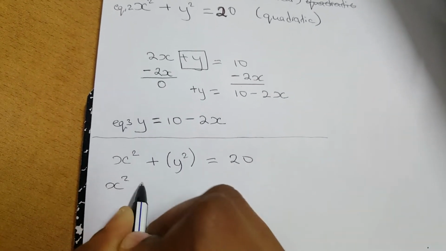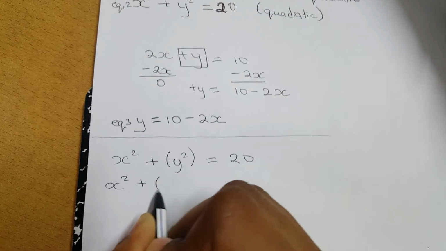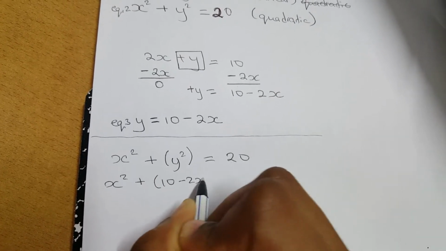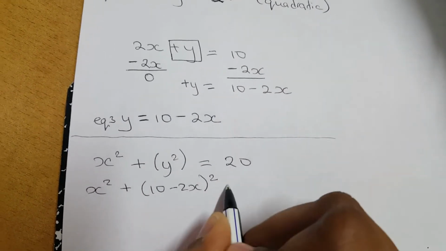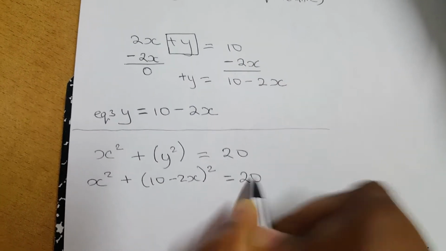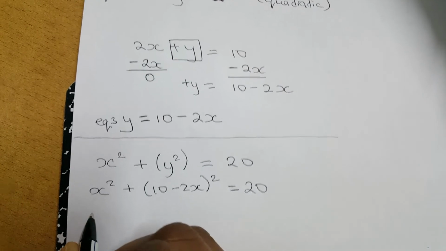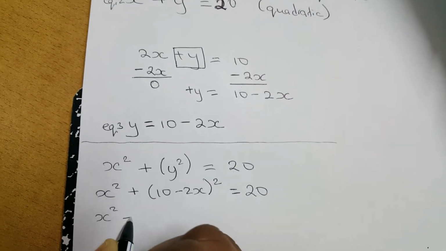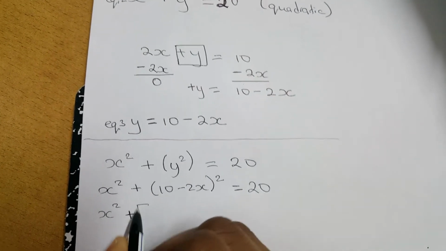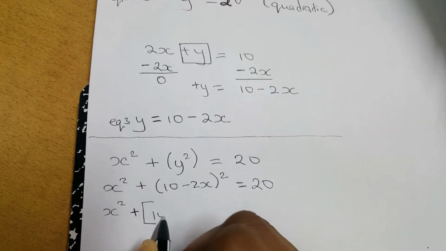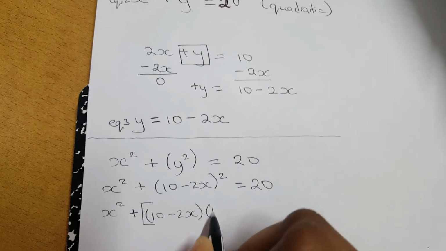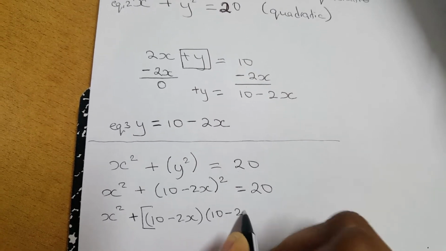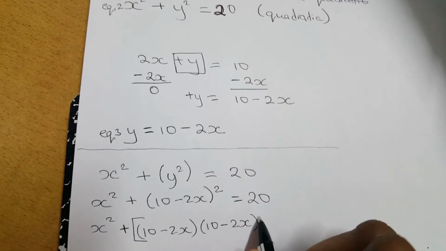Y squared is now (10 minus 2x) squared, based on our equation 3 right here, and this is still equal to 20 because nothing changed. So we have x squared, and now we need to expand this part. And remember, anything squared is just whatever it is, multiplied by itself.